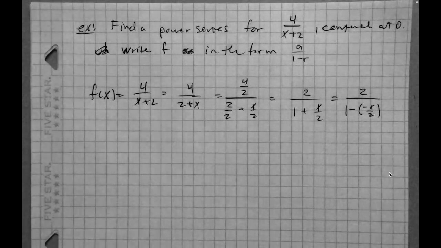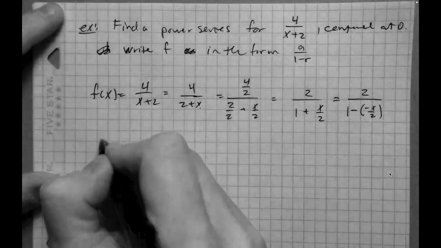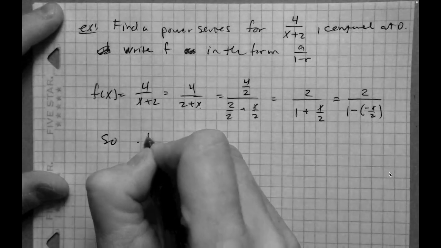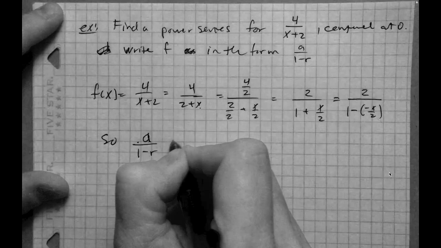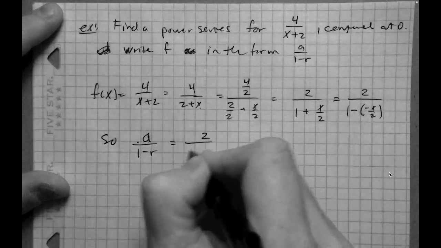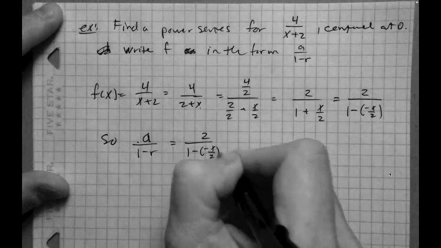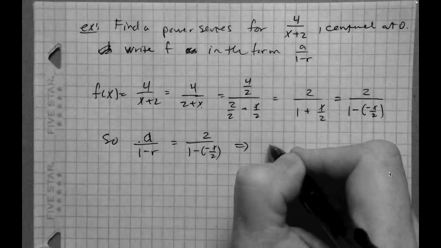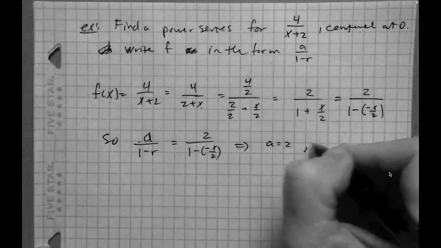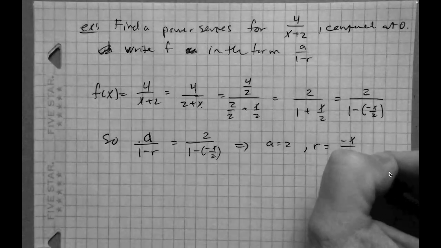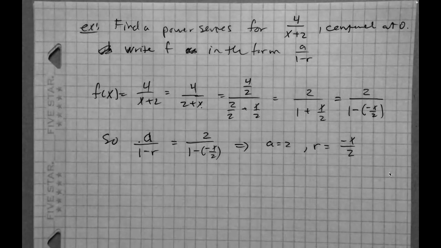Okay, and so a over 1 minus r is equal to 2 over 1 minus negative x over 2. Right, and that obviously implies that a is 2 and r is negative x over 2. Okay, perfect.